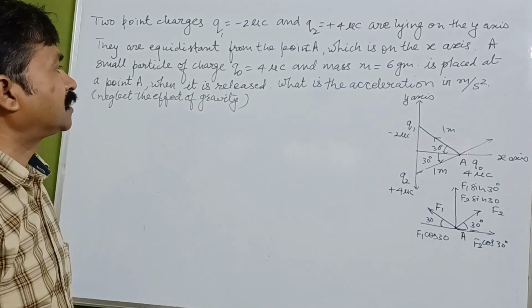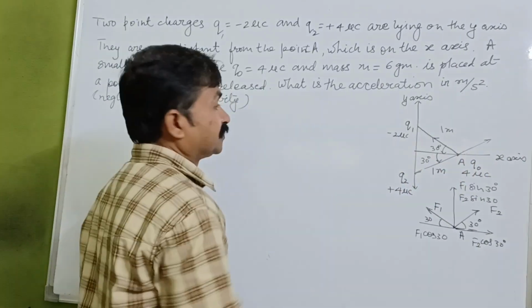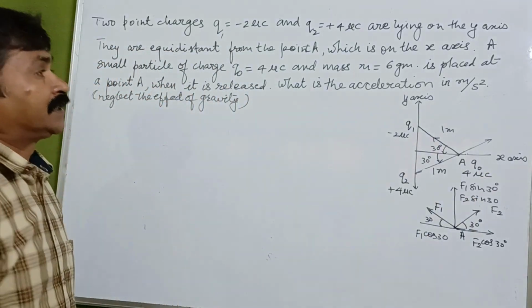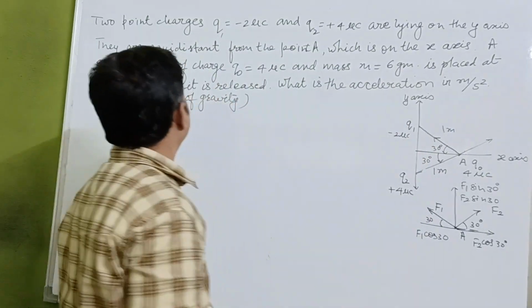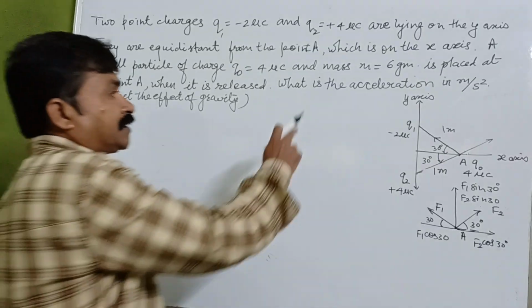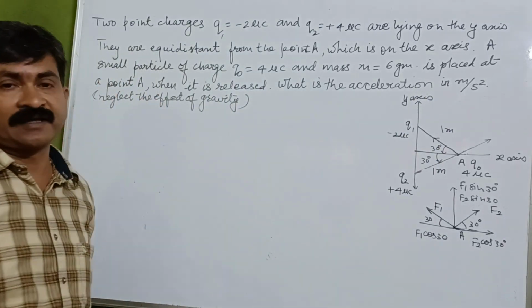A small particle of charge Q0, having a value of 4 microcoulomb and a mass of 6 gram, is placed at the point A. When it is released, what is the acceleration in meter per second squared? That we have to calculate.